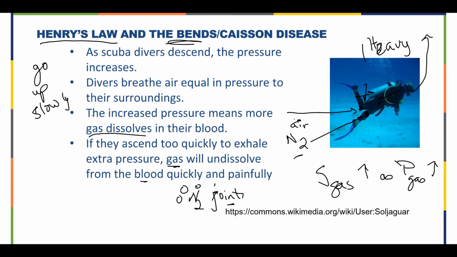If you're going to do deep diving on a regular basis, you are going to replace the nitrogen in your tank with helium. Why? Because helium is less soluble. Why is helium less soluble? It has lower dispersion forces. Like dissolves like.